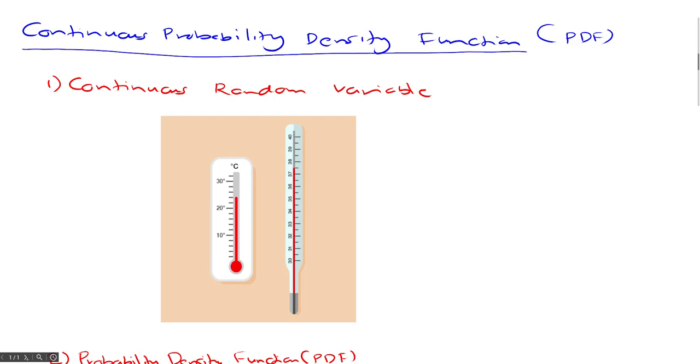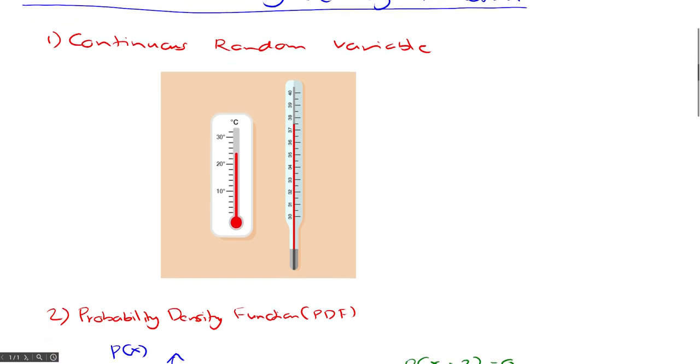Before we talk about the PDF, let's first understand what a continuous random variable is, because that's where the PDF comes in. A continuous random variable can take on infinite number of values within a given range. Imagine you're measuring the temperature of a cup of coffee.